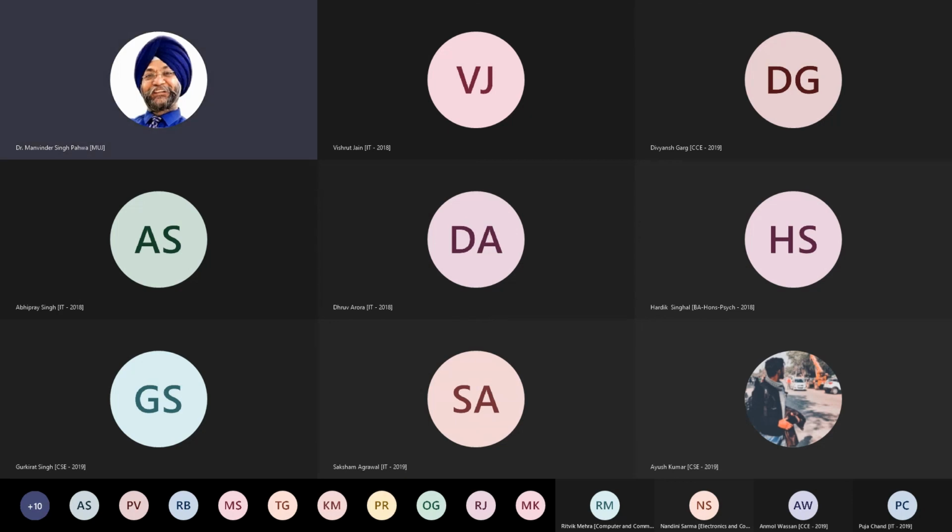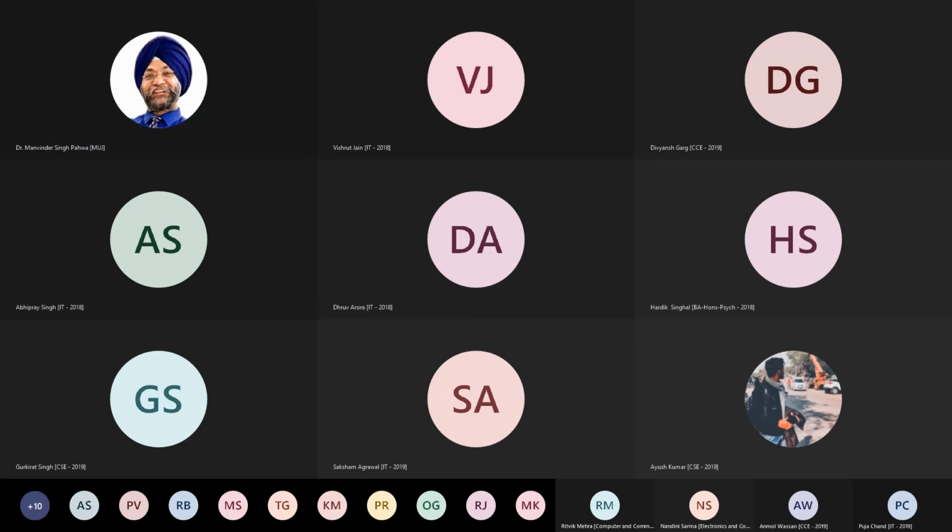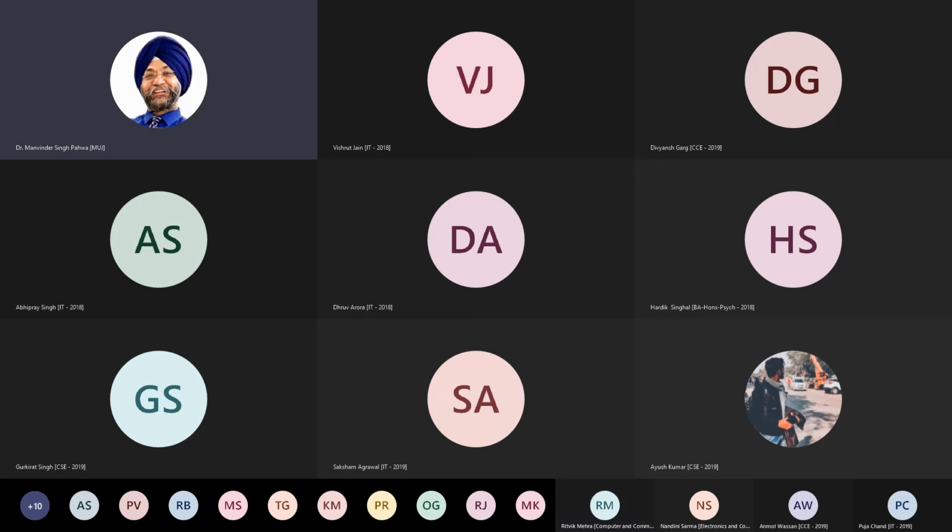Rashi, Ritvik Mehra, Rohit, Rakesh Bhatia, Saksham Agarwal, Samarth, present, sir. Sarthak Jain, Satyam, Siddhant, yes, sir. Tanuj Gupta, Varad Sharma, Vishrat Jain.